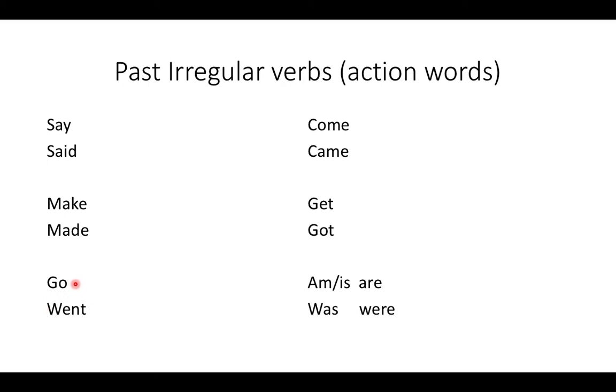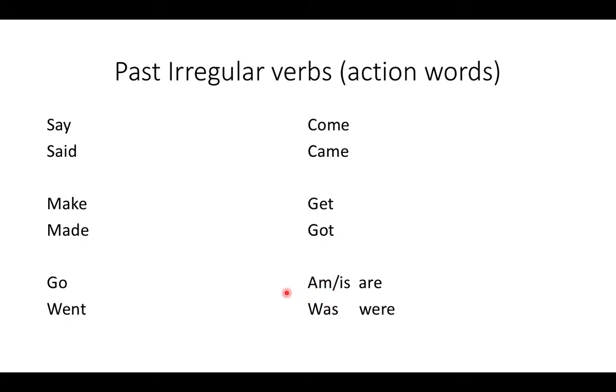It's just one is right now, and the other one is before right now. So it all has to do with the time. So when did you do this? So go is present, went is past, come is present, came is past, get is present, got is past.